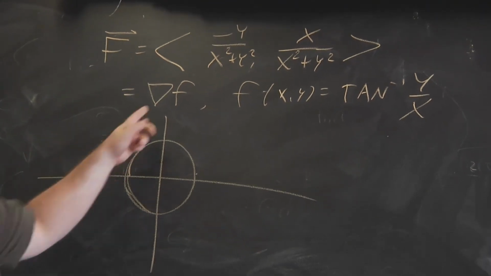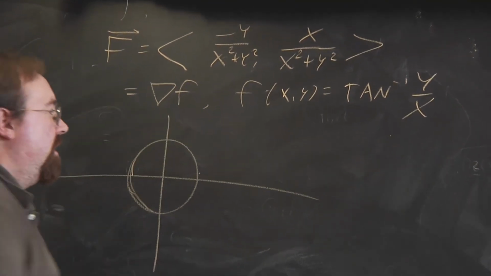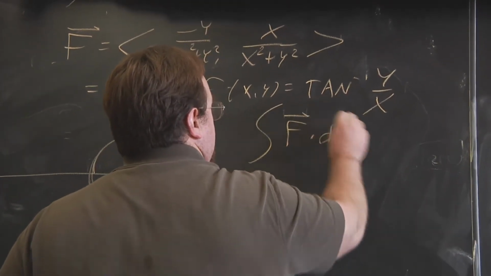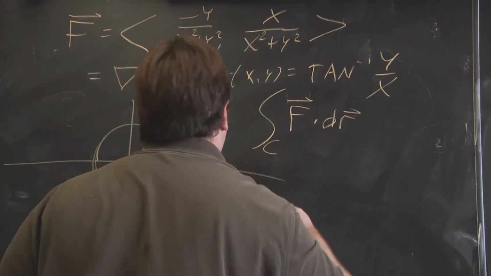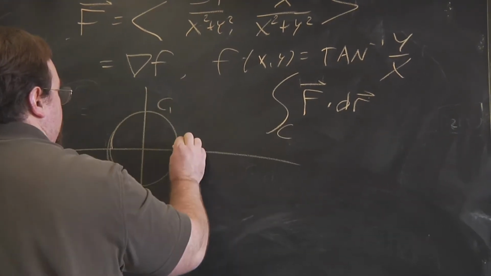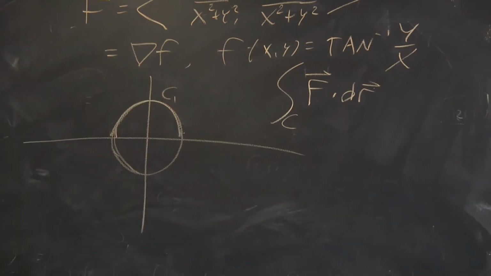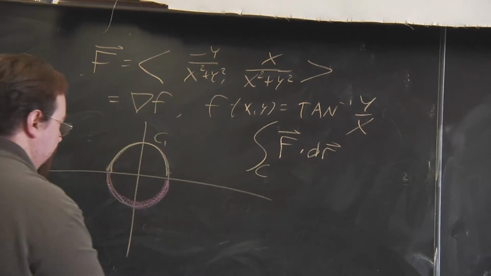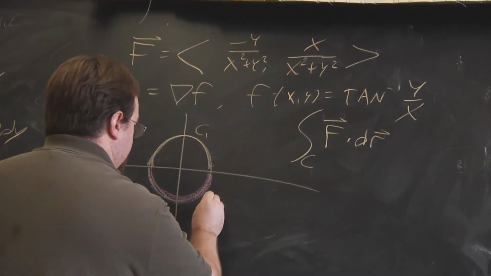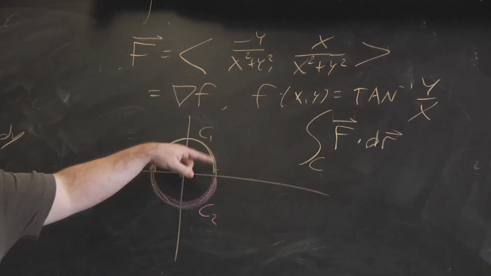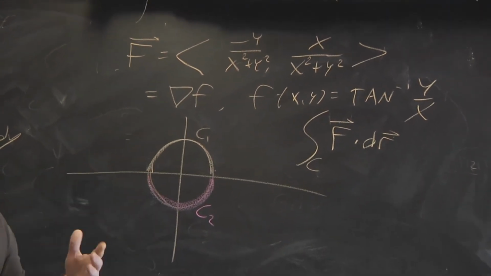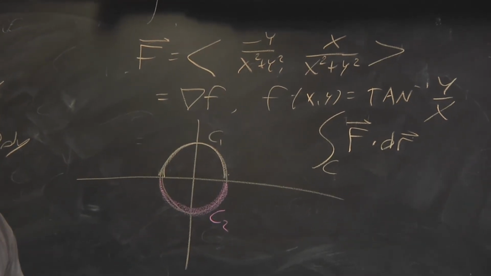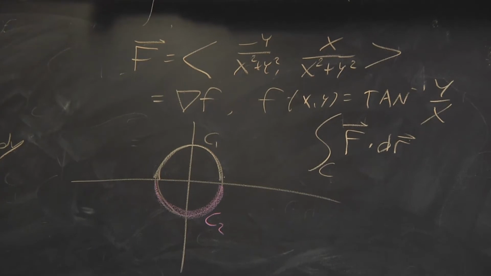If I think, well, this is conservative, therefore, if we look at the line integral over some curve, like this curve C1, the top half of the circle, or C2, the bottom half, you might expect these to be equal, because that's what a conservative vector field means, that its line integral is path independent. However, that's not the case.